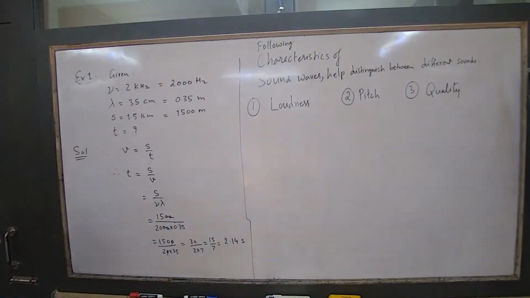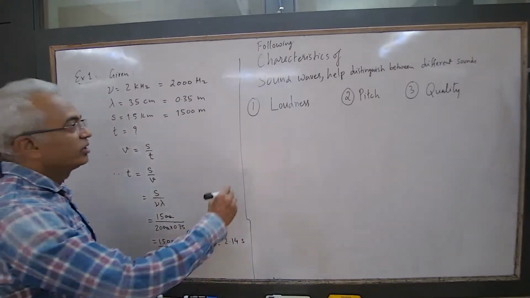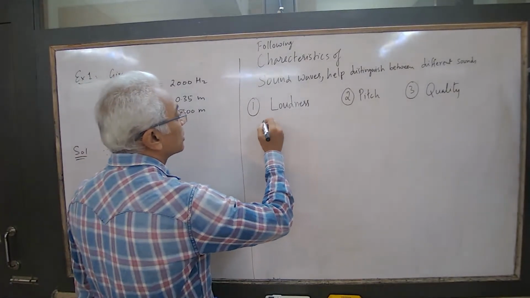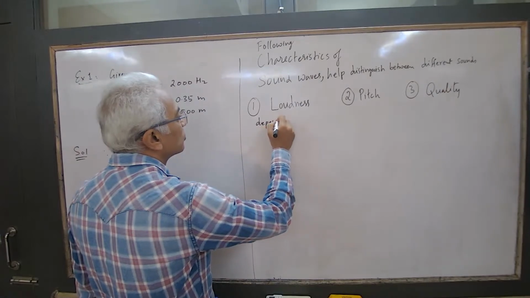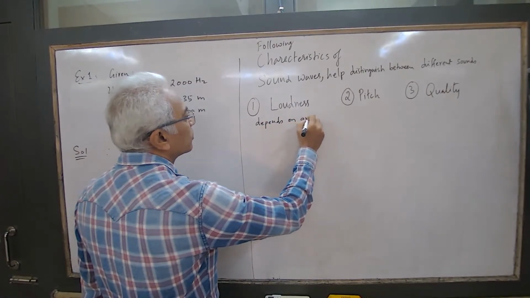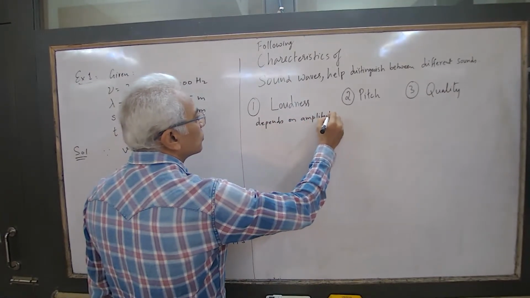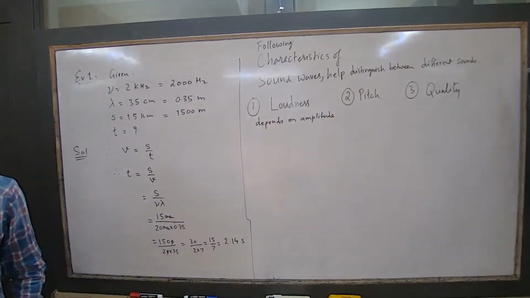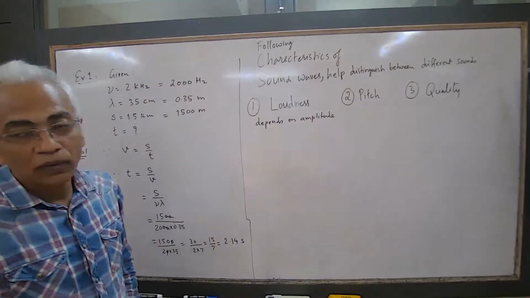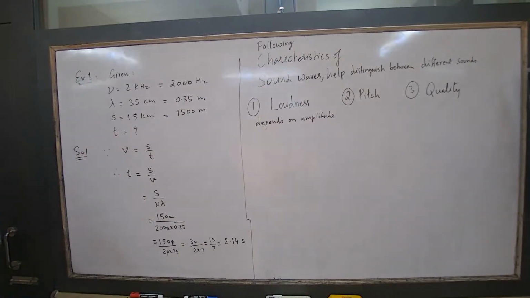So what is a loud sound? If you speak softly it is less loud, if you shout it is loud. Okay? So loudness depends on the amplitude of the sound. More amplitude means the sound has more energy. Okay.